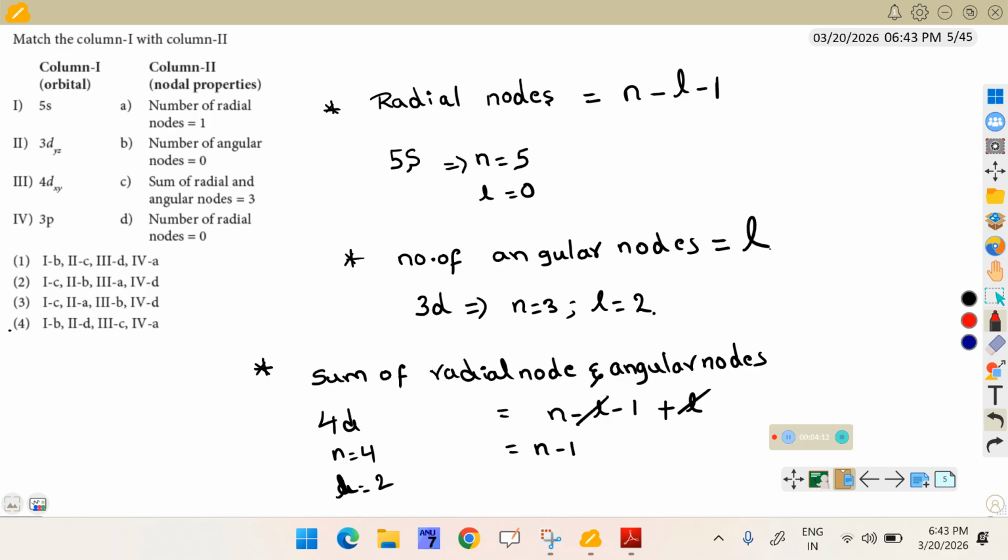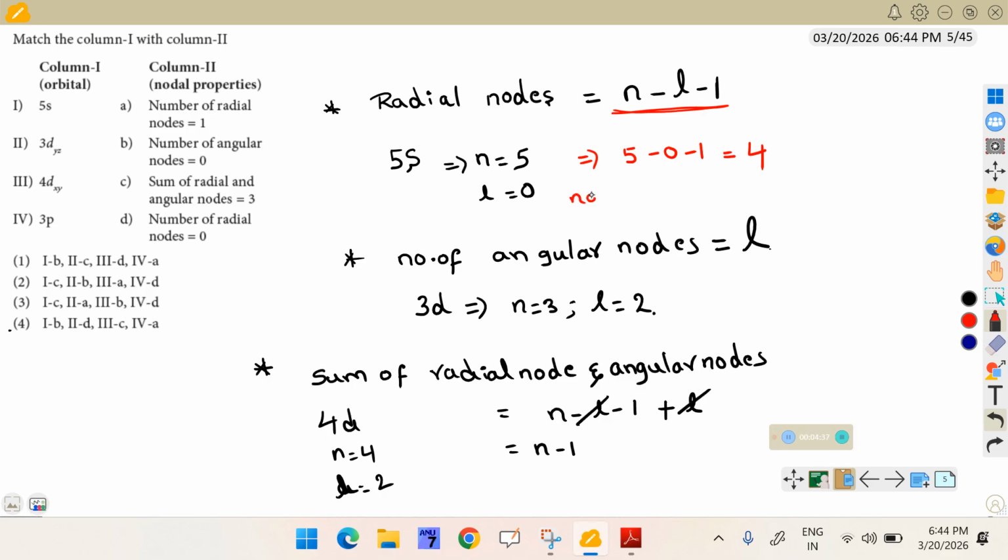Match column 1 with column 2. Radial nodes is calculated by using the formula n minus l minus 1. For 5s orbital, number of radial nodes equals 5 minus 0 minus 1, that equals 4.